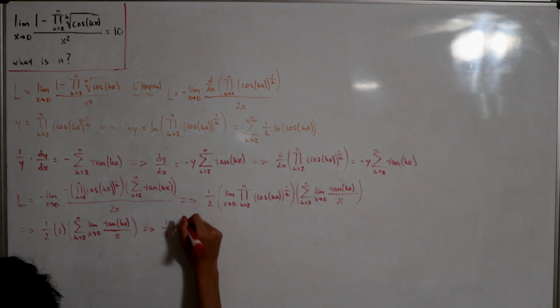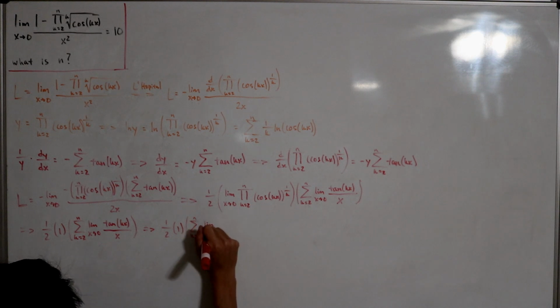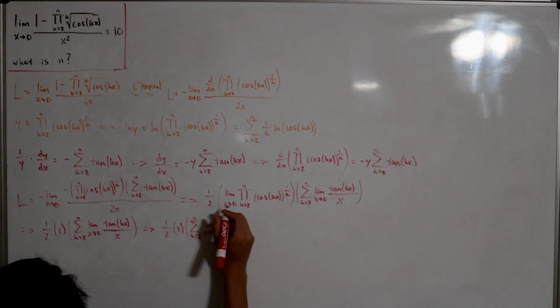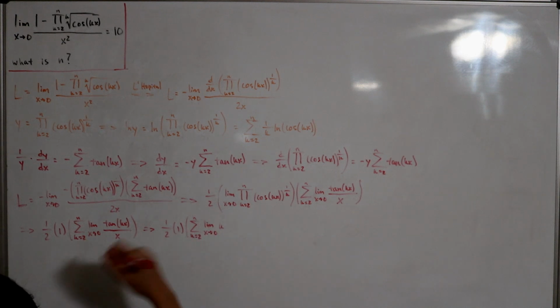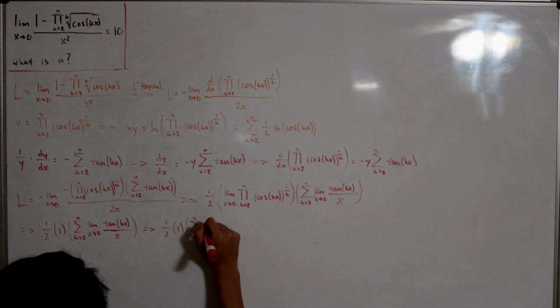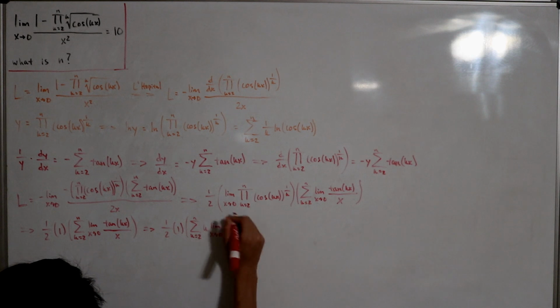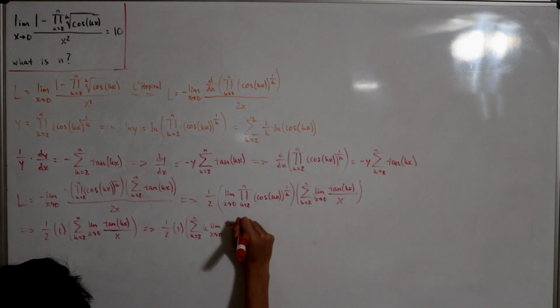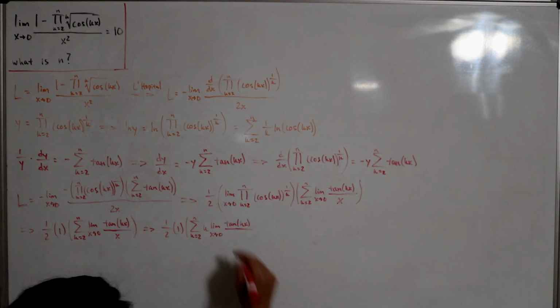So 1/2 times 1, and then the partial sum of the limit as x approaches 0 of k times, and I'll just factor out the k here, because that's what we can do. And then we have the limit as x approaches 0 of tangent kx divided by kx, since we multiplied and divided.